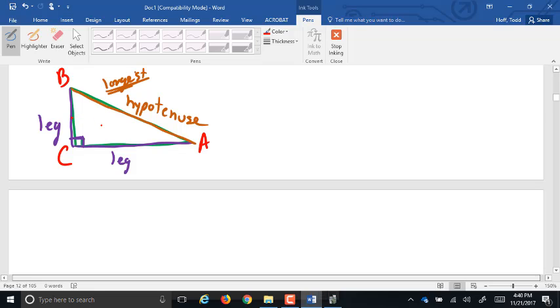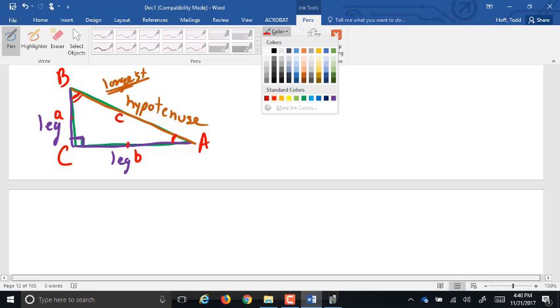So this side here is across from angle A, so this would be side little a. This side here is across from angle B, so this is going to be side little b. And of course, the hypotenuse is across from the right angle, so that will always be side little c. So the two legs are always sides a and b, and the hypotenuse is side c.